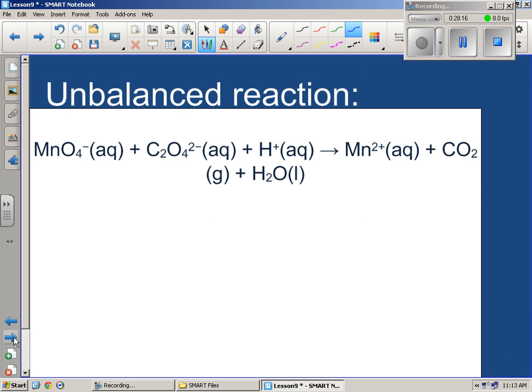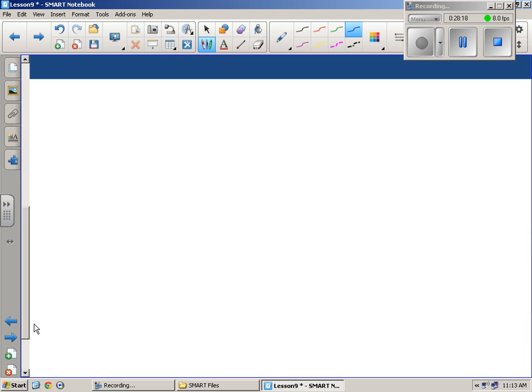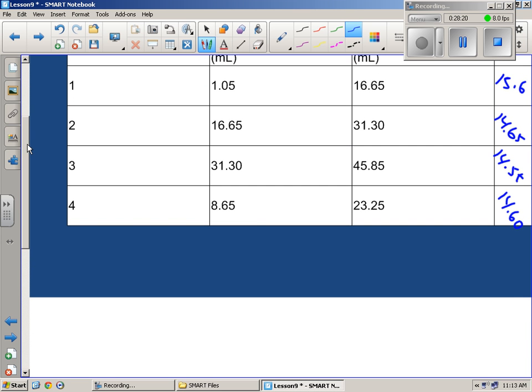Let's go back here for a second and average these. We need to find the 3 that are within 0.2 milliliters of each other. Those are the 3 there. Now remember, we might be very specific. In this case we have 2 decimal places.